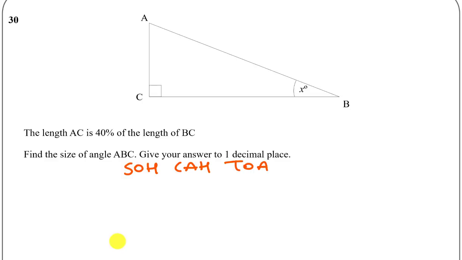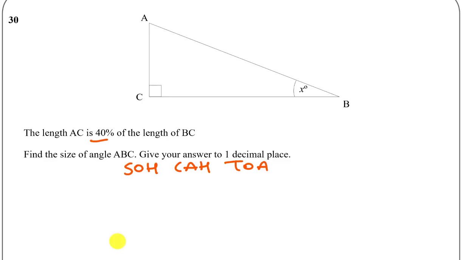Now the length of AC is 40% of the length of BC, so this length is 40% of this length here. Find the size of angle ABC, give your answer to one decimal place. Now the only information we have is 40%. AC is 40% of BC. So let's choose a number.